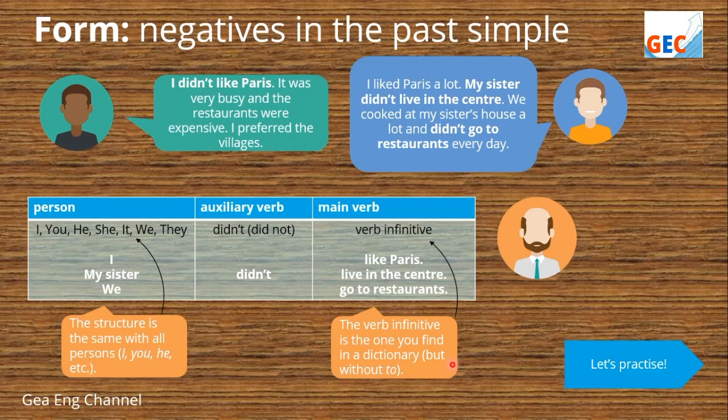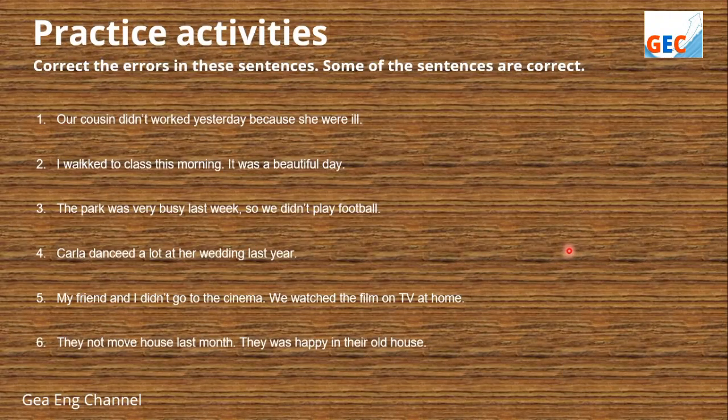Now let's practice. For the practice activity, I need you to correct the errors in these sentences, and some of the sentences are correct. You may pause the video and we will be back soon to discuss together. Okay everyone, let's see this practice.